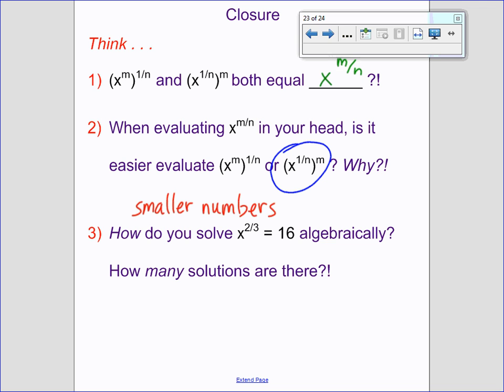Absolutely. We raise to the reciprocal exponent. So we're going to raise both sides to the 3/2 power. How many solutions are there? Because I have a fractional exponent, we're only going to be allowed one positive answer. So there's only one solution because we have a rational exponent.